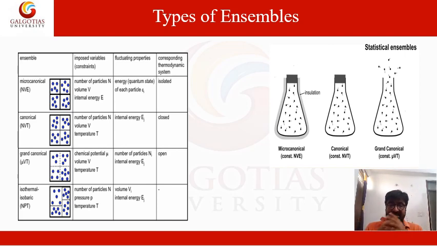So the second ensemble is the canonical ensemble. It is a special case of the microcanonical ensemble, but at this time the system is not isolated. It means the system is surrounded by some environment. Sometimes we call it a thermal bath, sometimes we call it the universe. So a system will be in contact with some surroundings, some thermal bath, and the fluctuation of energy in the system is allowed.